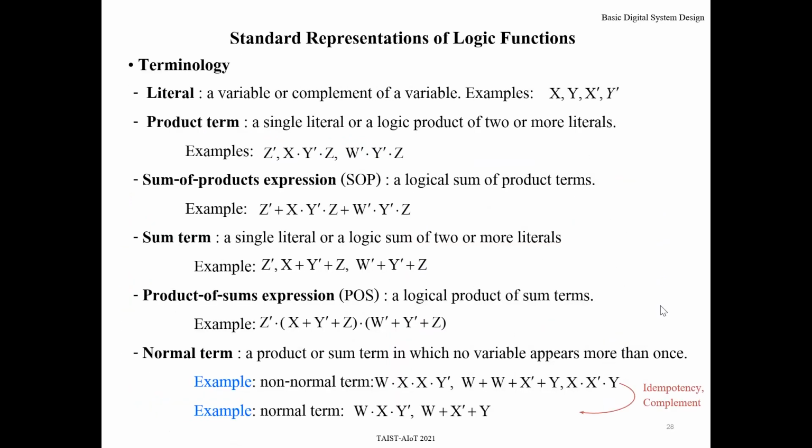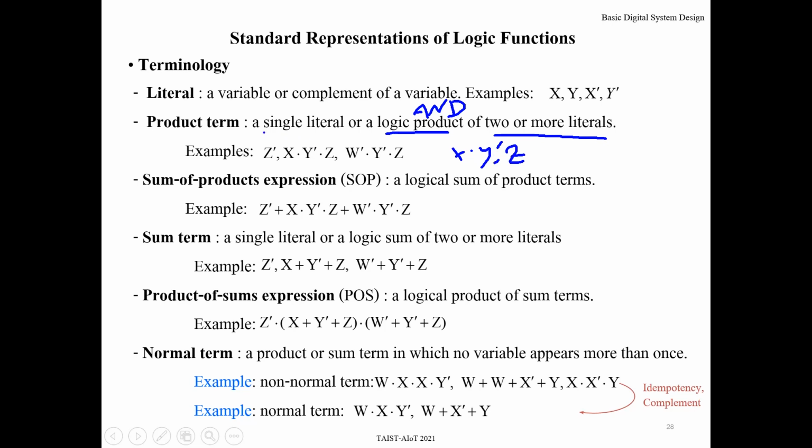And before we go to the next topic, let's review this terminology. A literal is a variable or the complement of a variable, for example x or x prime. And a product term is the logic product, meaning AND operator, of two or more literals. For example, x and y, or x and y prime and z.